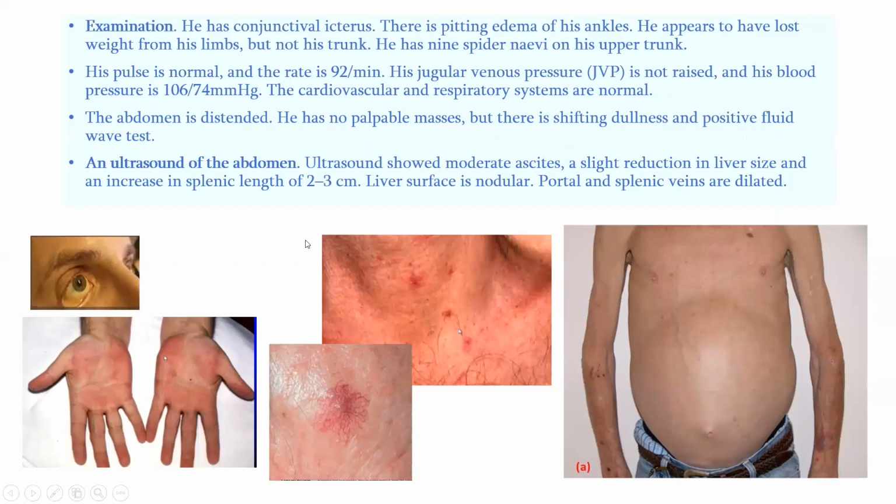Physical examination. The patient has conjunctival icterus, he has jaundice, he has pitting edema of his ankles, hypertrophy of muscles of his limbs, and on the upper chest some spider angiomata are revealed.